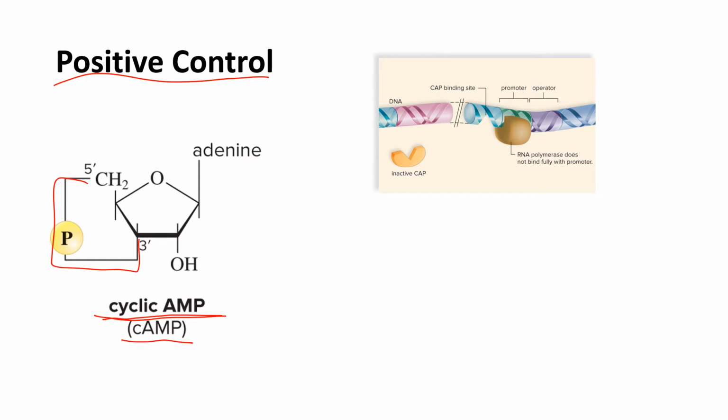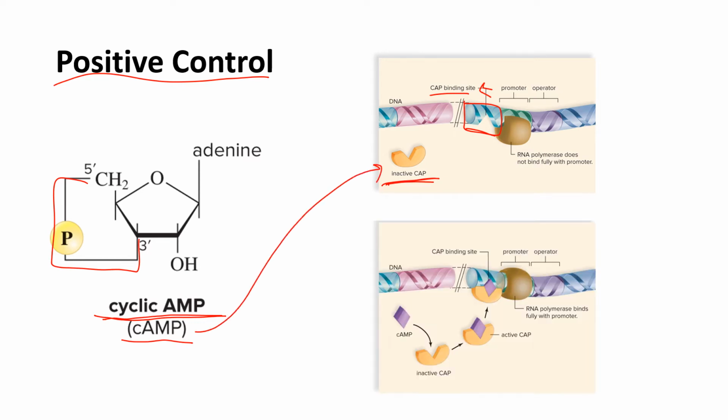Now for positive control, this is going to involve a protein called CAP, which stands for catabolite activator protein. That protein is going to bind to a sequence of DNA called the CAP binding site, which is upstream of the promoter. Initially this protein is inactive, but if cyclic AMP binds to the CAP protein, that will activate it.